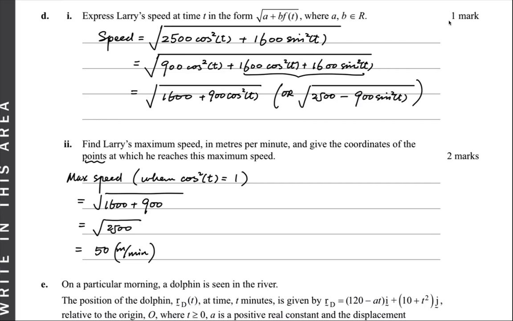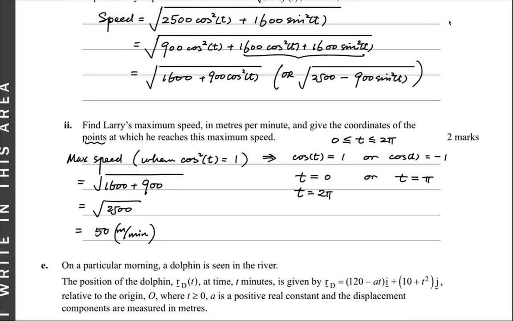Now, when would this happen? If cosine squared t equals 1, that is cosine t equals 1 or cosine t equals minus 1. Notice that our domain restriction is 0 to 2 pi for the time t. So t equals 0 or t equals pi. That should also correspond to t equals 2 pi, okay?